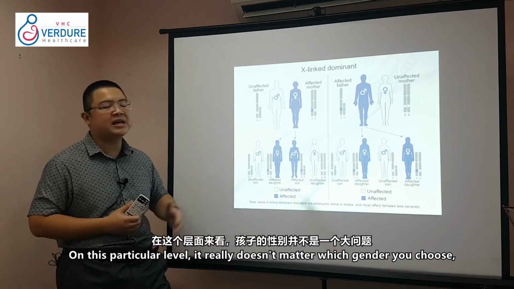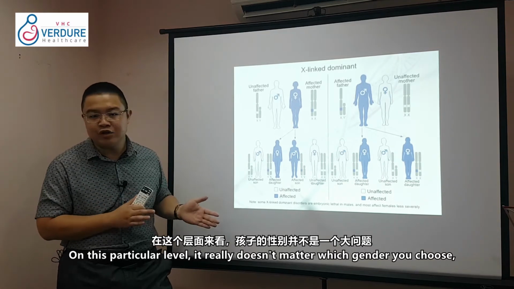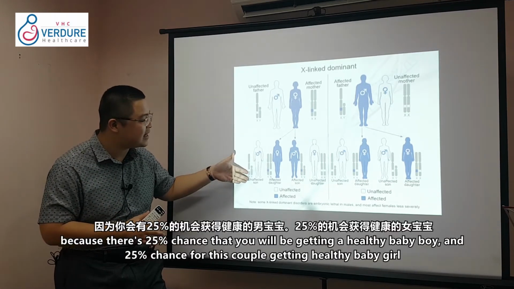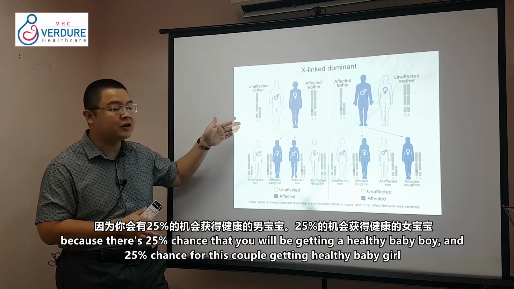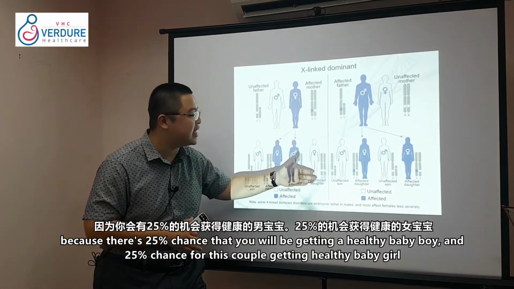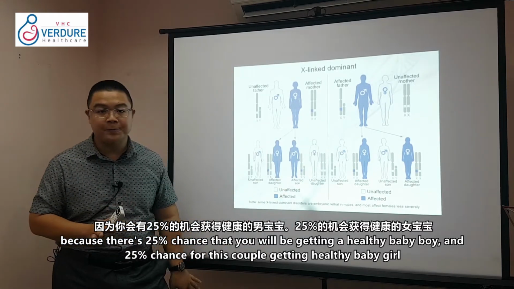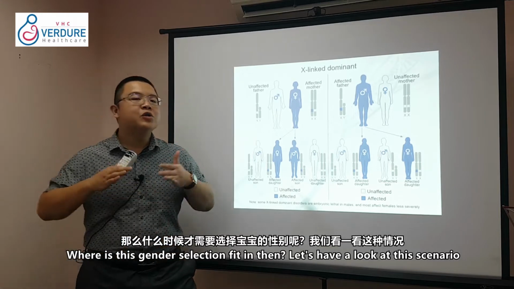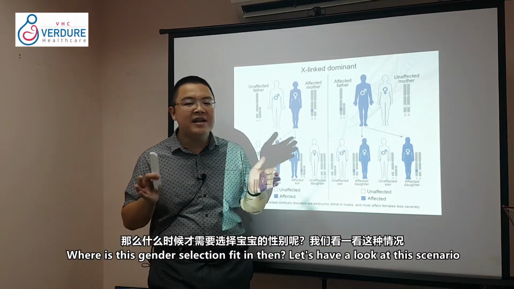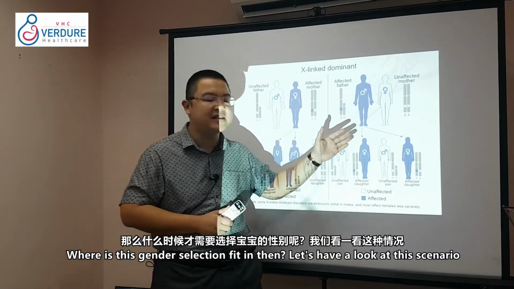But on this particular level, it really doesn't matter which gender you choose because there's a 25% chance you will be getting a good, clean, healthy baby boy, and there's a 25% chance of this couple getting a healthy baby girl. But where does this gender selection fit in then? All right, let's have a look at this scenario.